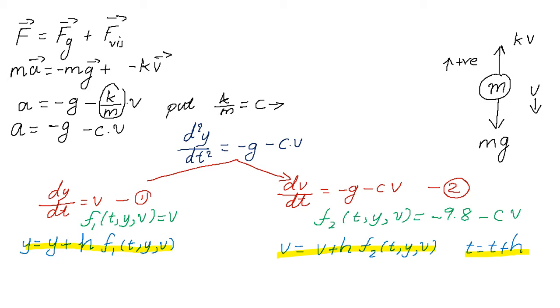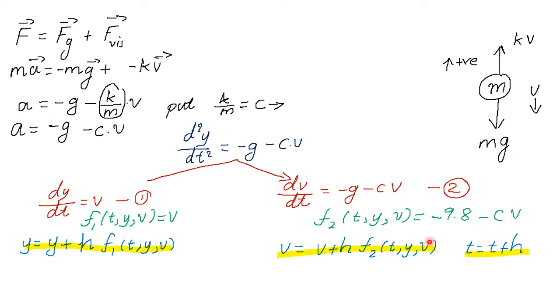So in the previous example also the equations were the same, correct? The only difference was in the function f2. Previously, when we dealt with the free fall, there was only the term minus 9.8, because the only force acting on the body was mg. But in the case of a body falling through a viscous medium, due to this viscous force, some additional term will be there, correct?